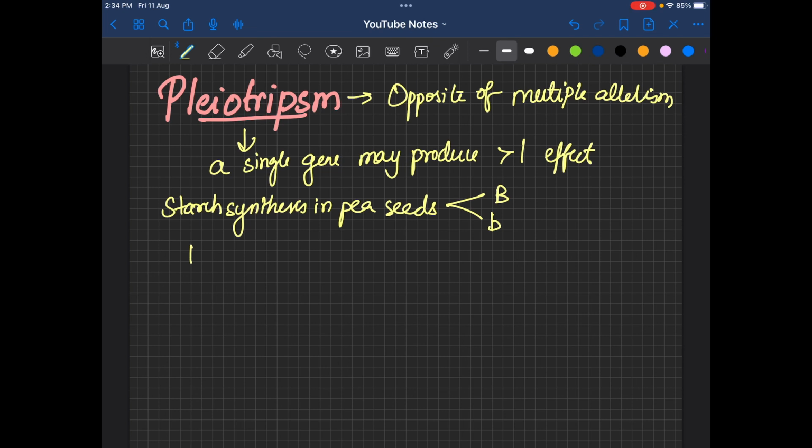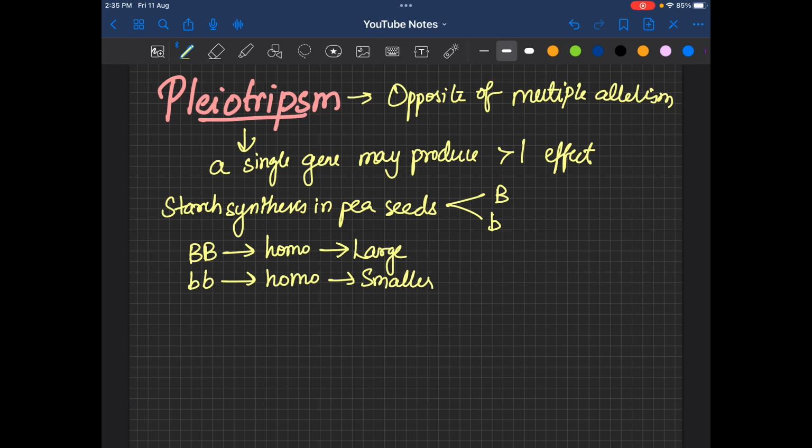Now if capital B and capital B are coming together, they are homozygous dominant, which means we have large starch grains produced. If small b and small b come together, they are homozygous recessive, so they come in less efficiency in starch synthesis and produce smaller starch grains.